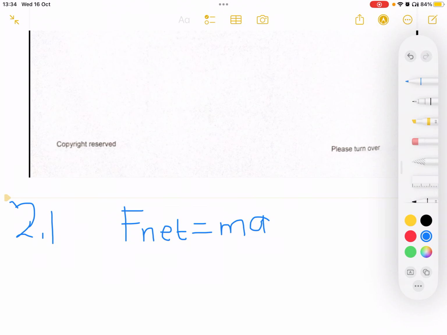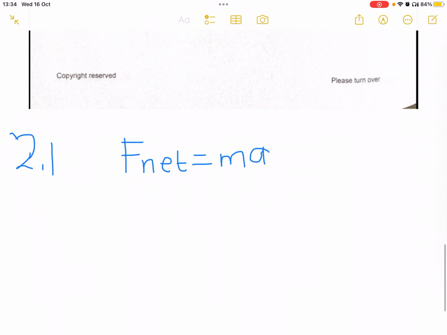I would like to write Newton's second law down first.